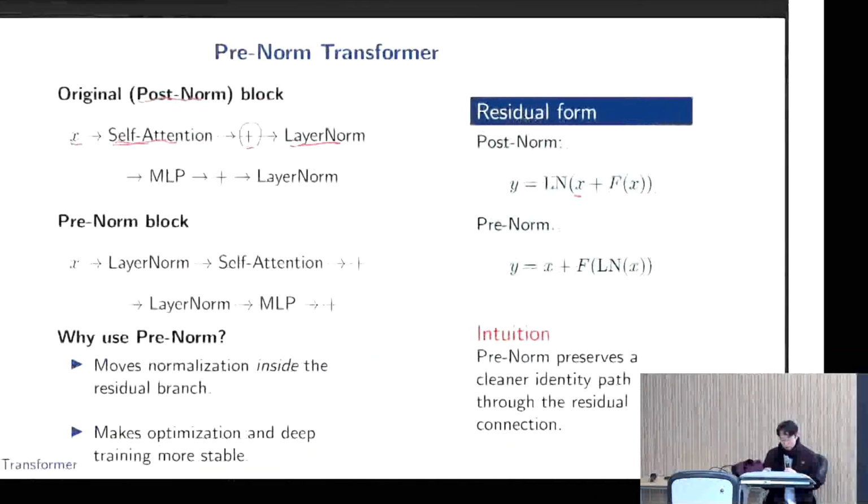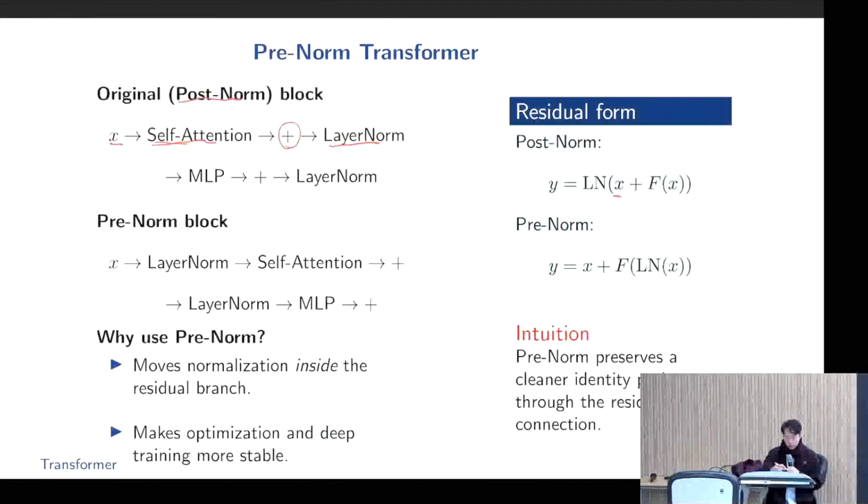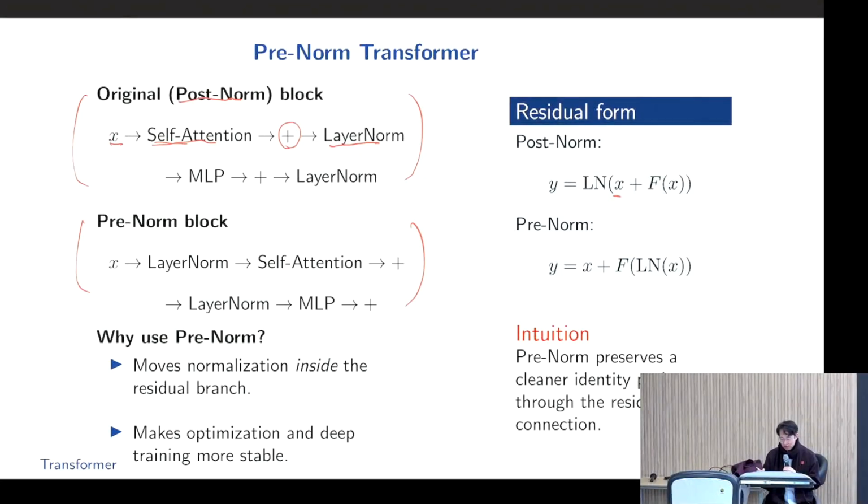Okay, so that's called the post-norm block. In the pre-norm block, you switch the order. Upon receiving input X, you compute layer norm first, then apply self-attention, then add the residual connection, then apply layer norm, MLP, and residual connection.